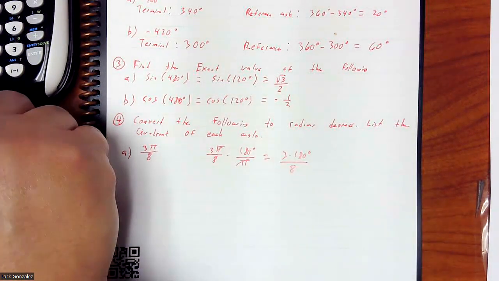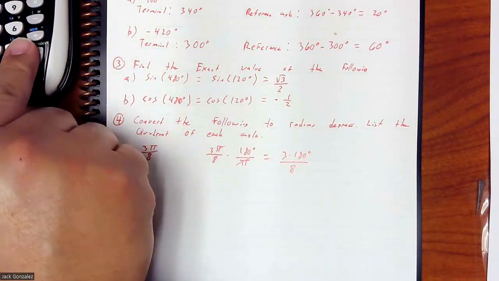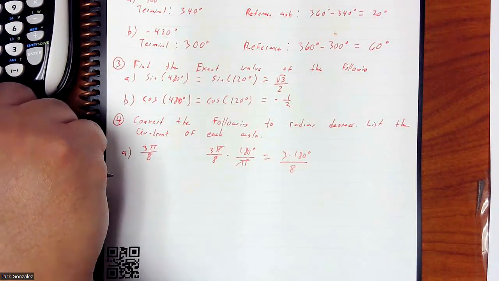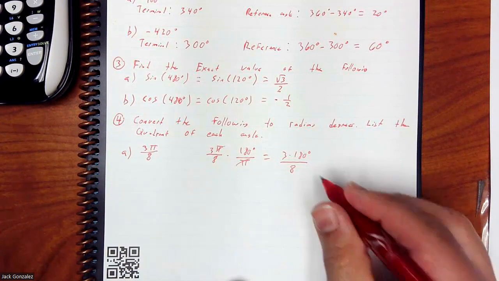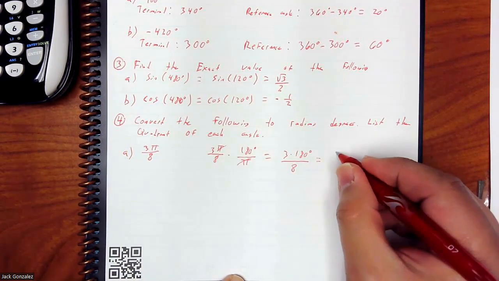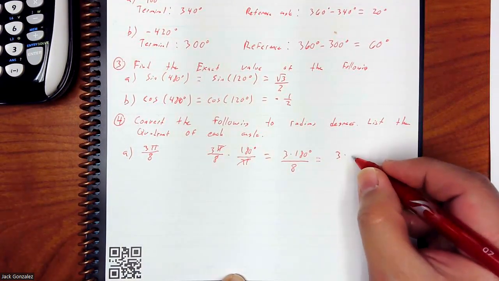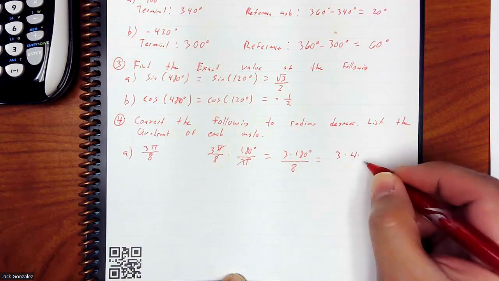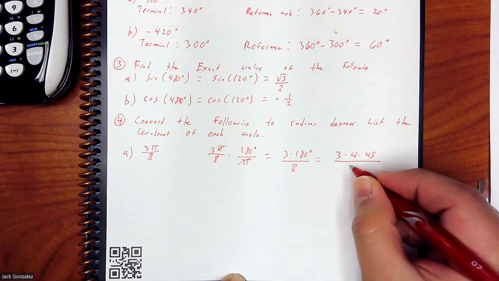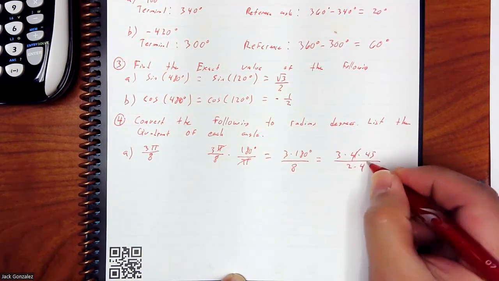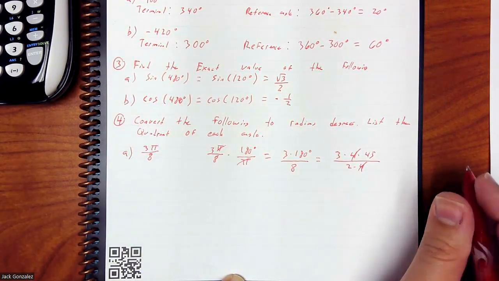Does 8 go into 180? Looks like 4 does. So we can do 4 times 45 over 2 times 4. 3 times 45, what is that?